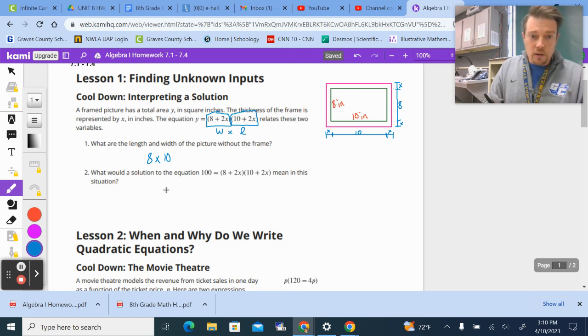What would a solution to this equation mean? When we multiply those two things together, width times length of everything is the area of the picture with the frame, right? So if they set up this equation where 100 has replaced y as the output of the function, then they're saying that everything has an area of 100 square inches, and width times length is equal to that.